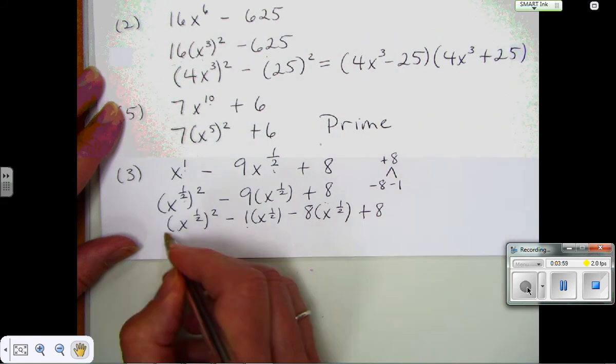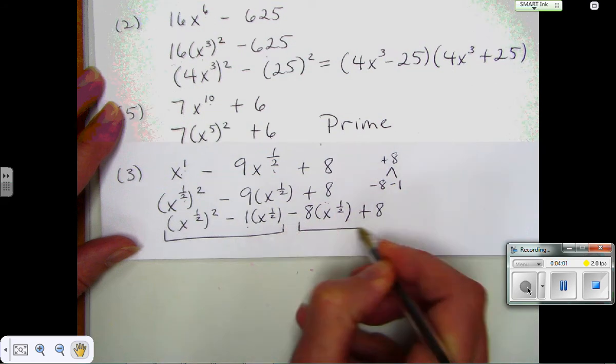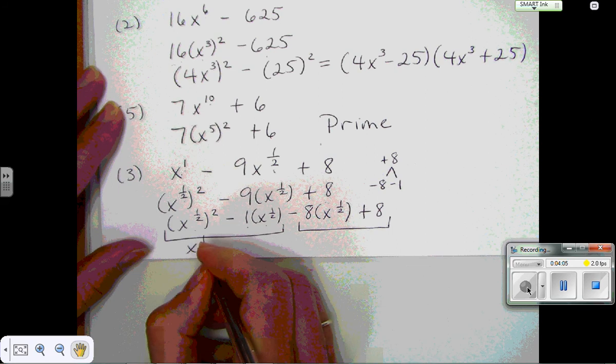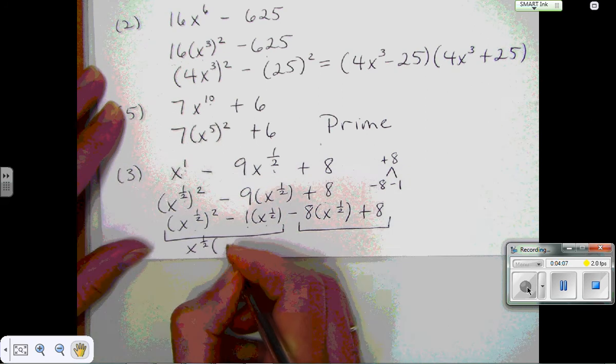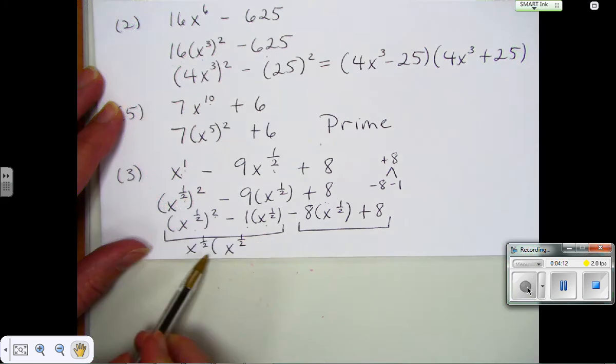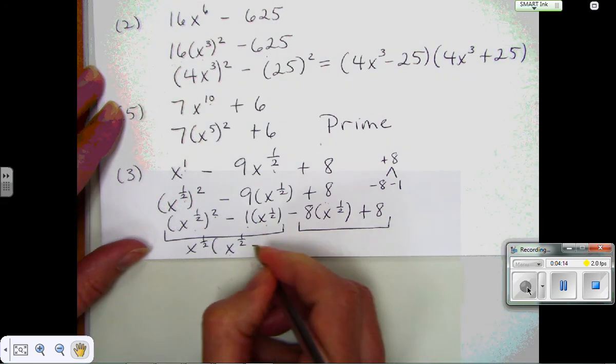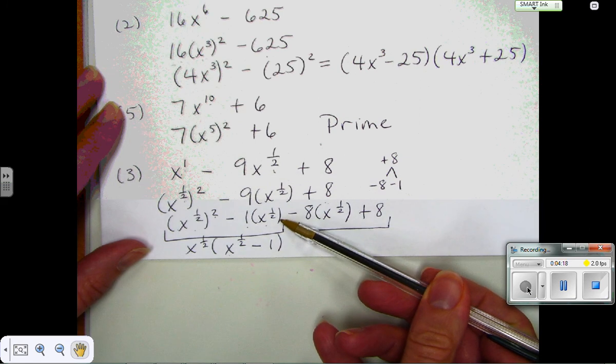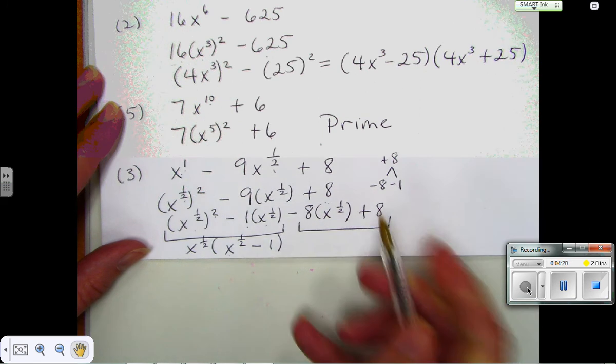Okay, so I'm going to group my first two terms, group my second two terms. The first two terms have an x to the 1/2 in common. I'm going to take that out. So I'm left with this first term. I had 2 x to the 1/2, so I still have 1. And my second term, I just have a 1 left. My next two terms, I'm going to take out a negative 8.